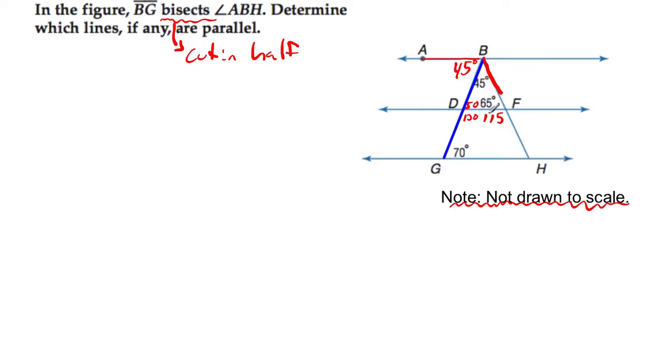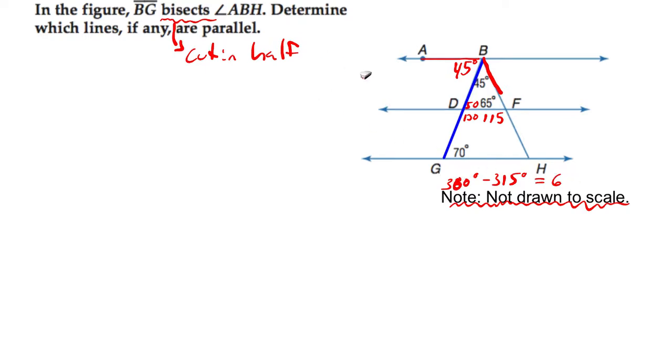And let's take a look here. So 130 plus 70 is 200. 200 plus 115 is 315. So 315 from 360, this is a quadrilateral. Quadrilaterals add up to 360 degrees. So that's 360 degrees minus 315.